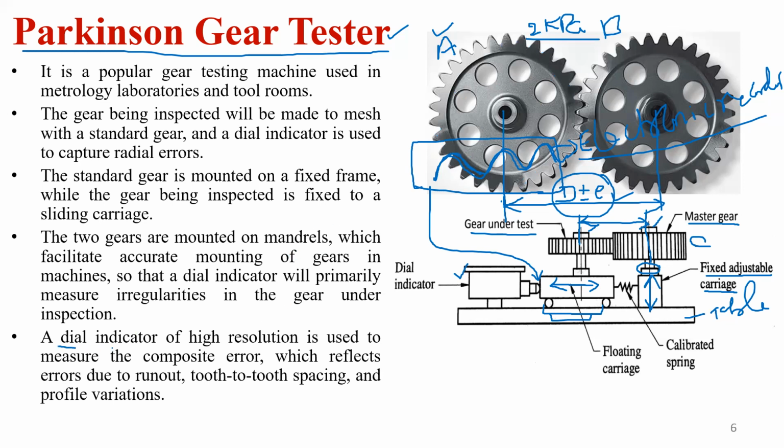Here we use a dial indicator of high resolution to measure the composite error. This Parkinson gear tester will give us the composite error, not individual errors like runout, tooth spacing and profile variations. The Parkinson gear tester gives the combined error.